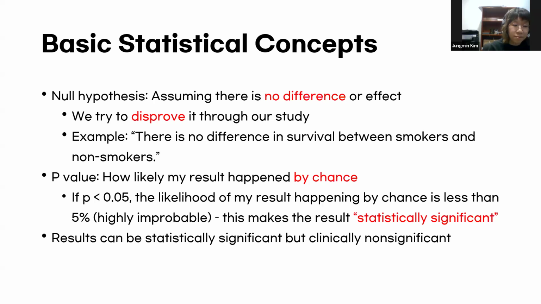For example, a drug that improves survival by just 2 or 3 days and has a lot of adverse events might not matter to the patient, even if its survival benefit has a p-value lower than 0.05. So when interpreting results, we always ask: is it statistically significant, and is it clinically significant?